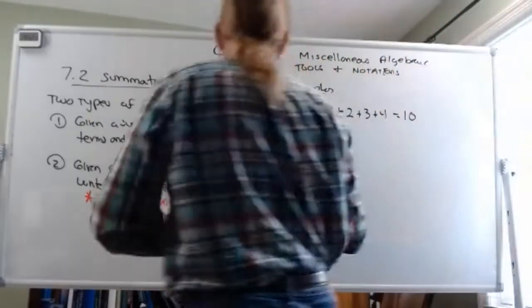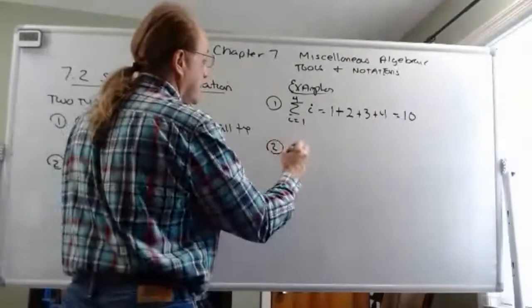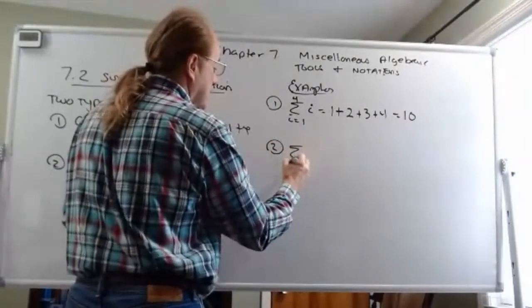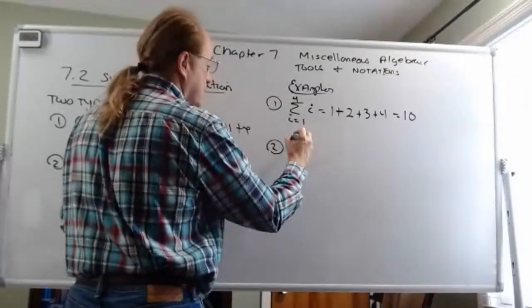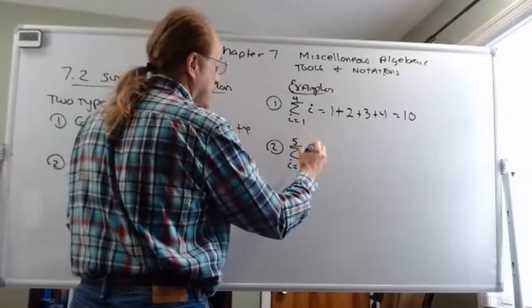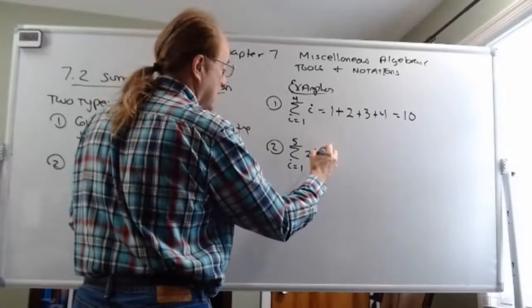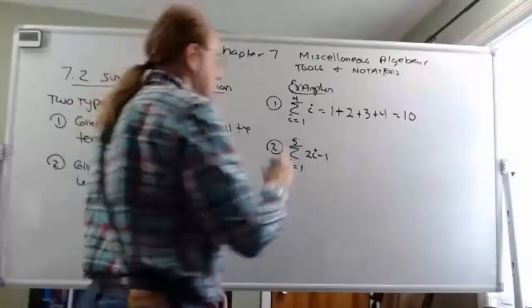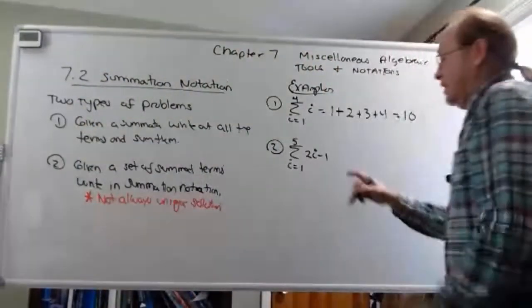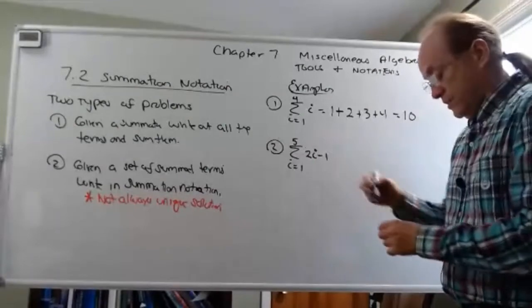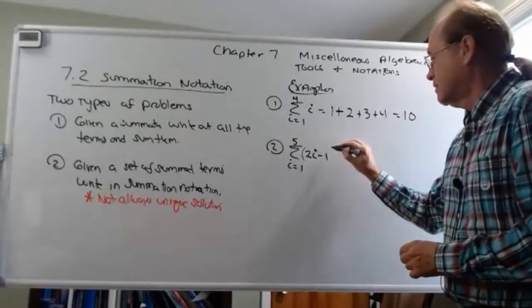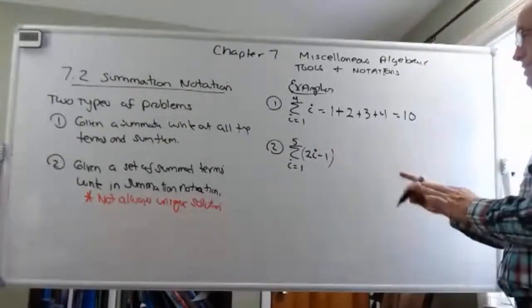Okay, take a look at another one. Sum i equals 1 to 5 of 2i minus 1. Now, this is all under the summation here. The minus 1 is not outside.